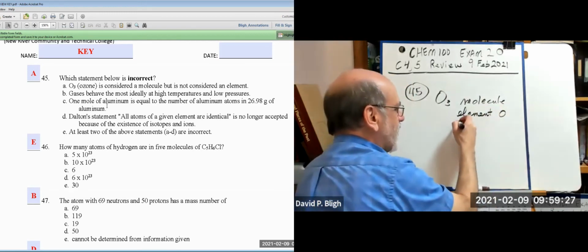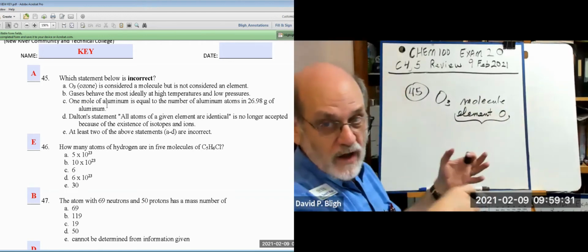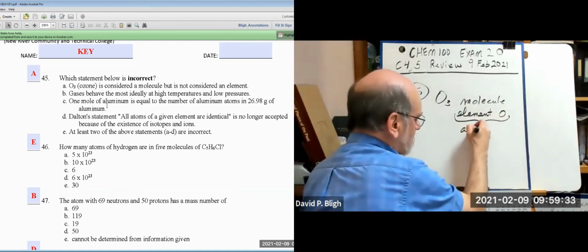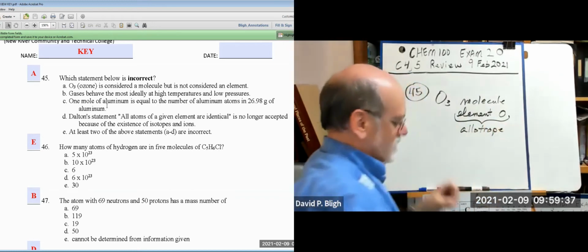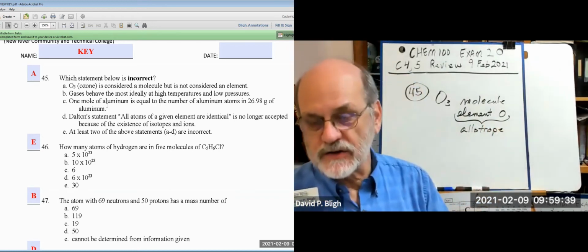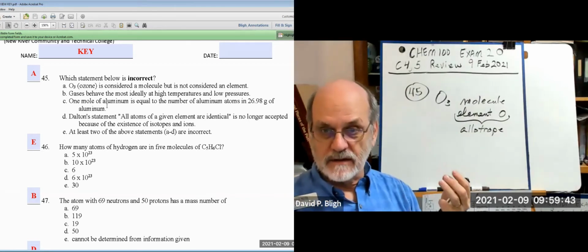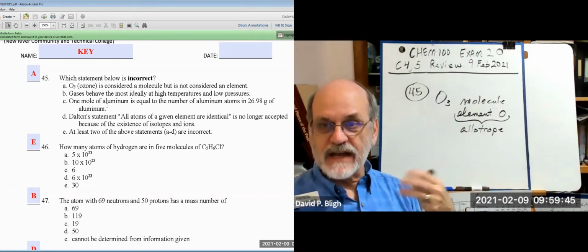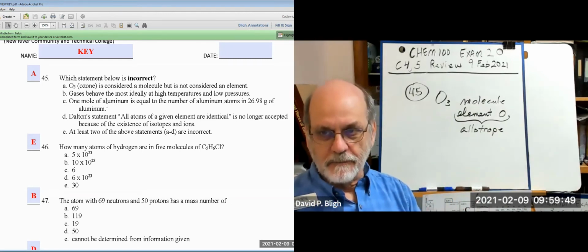In fact, it's got a name. It's one of the allotropes of oxygen. An allotrope, remember, is an element that can have different formulas.